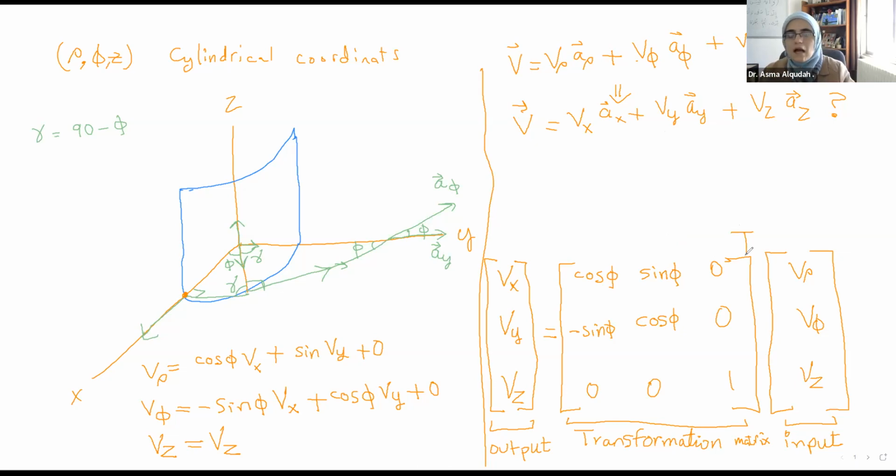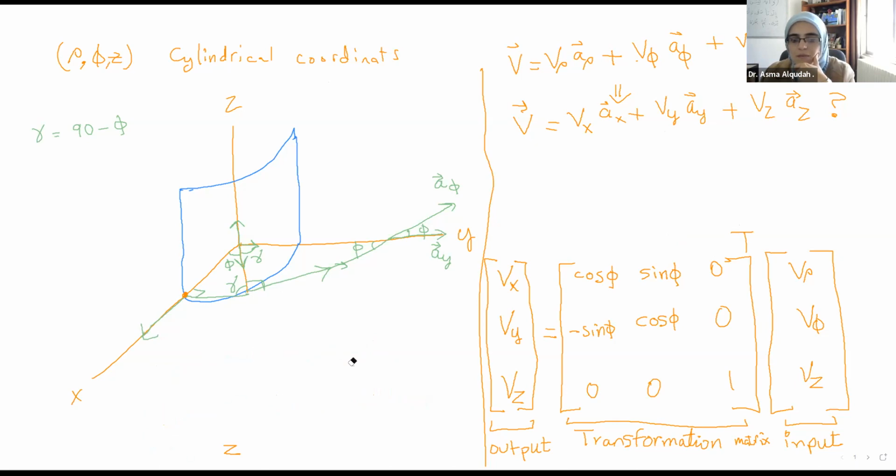Okay, and what's the transpose of this matrix? It's simply changing the rows of this matrix into the columns of the other matrix.